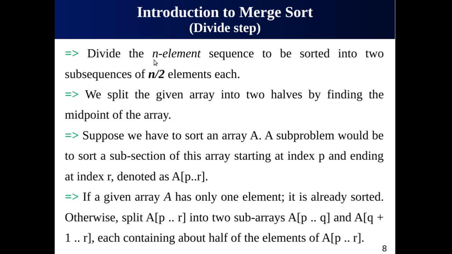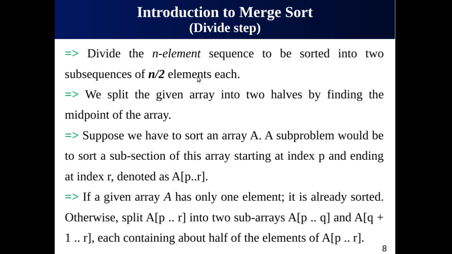For example, if you have 5 elements and you divide the list into two parts, then one portion will contain 3 elements while the other will contain 2 elements. Normally we take the floor function, but you can take the ceiling function as well. One element doesn't matter. So you have to divide the n elements into subsequences, each with n by 2 elements, half of the elements of the original array.